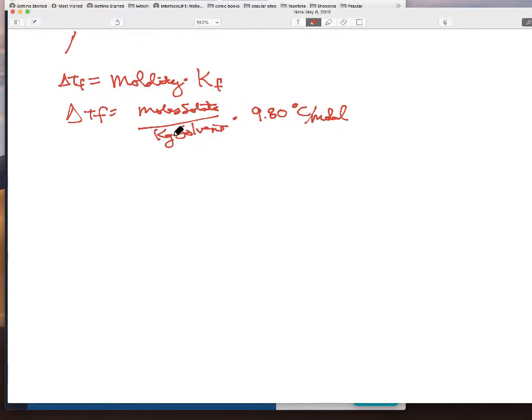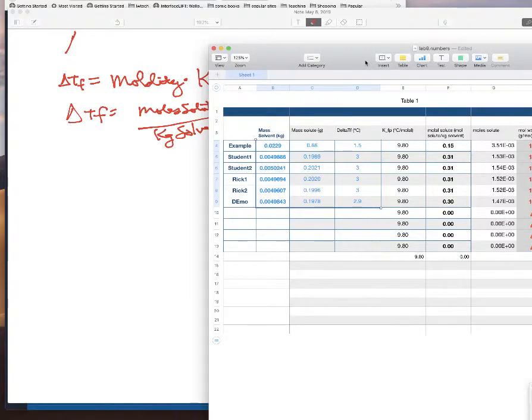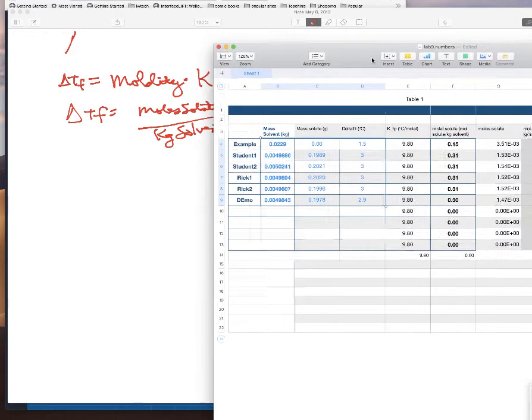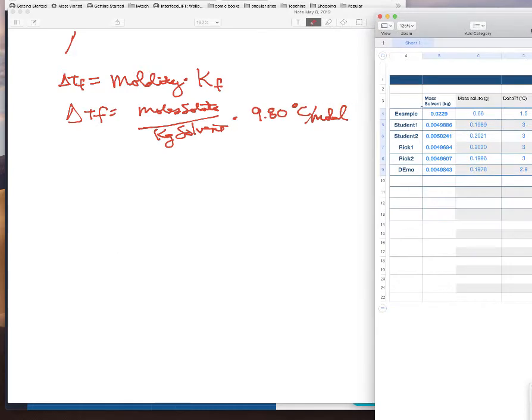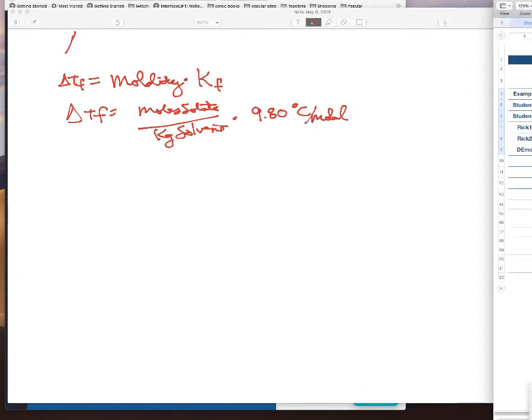So what's our first order of business? The first thing this lab will require is that you calculate the molality of the solute. We have the tools we need, because we have the freezing point depression and the temperature change.